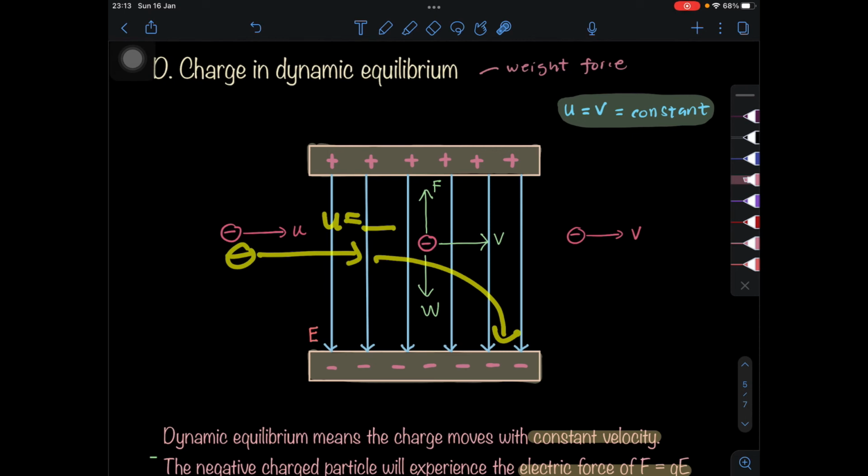So in order to maintain this, we have to consider the weight force. Here we have a negative charge, right? The negative charge will be attracted towards the positive plate, so its force will be going upwards. In order to balance this out, we have another weight force going downward. That's why this charge can move in a straight line with the same velocity, constant velocity.